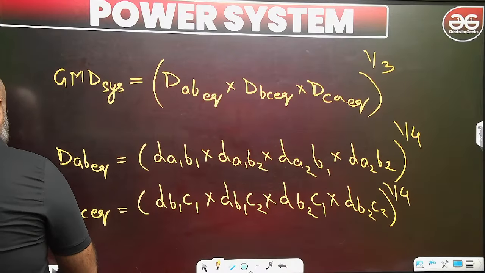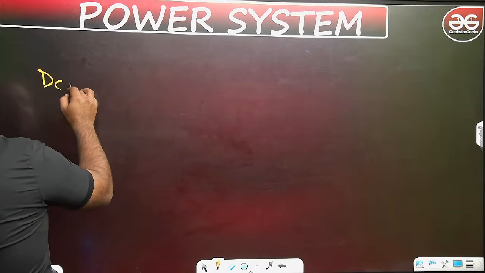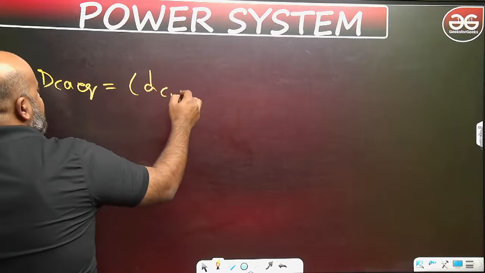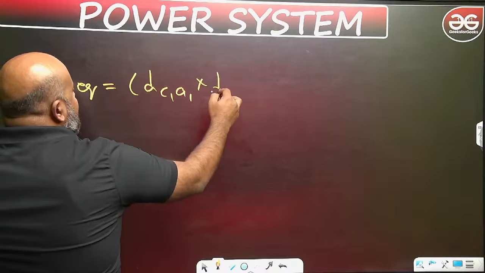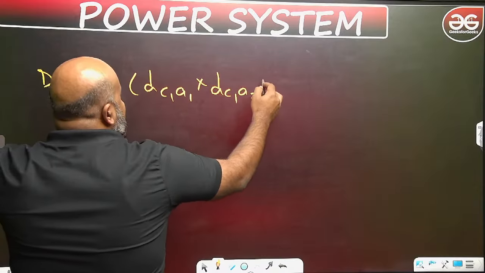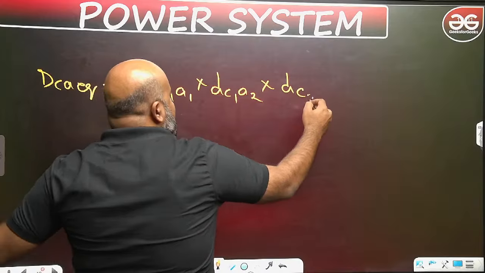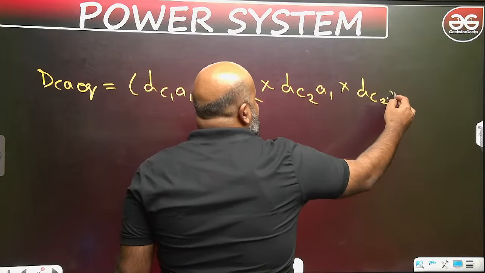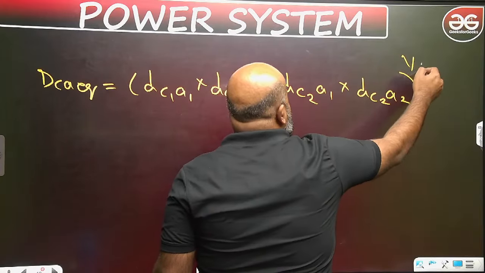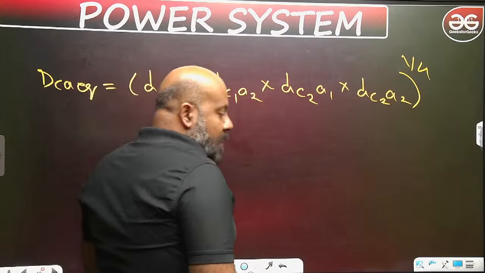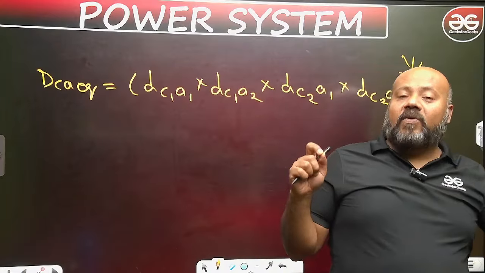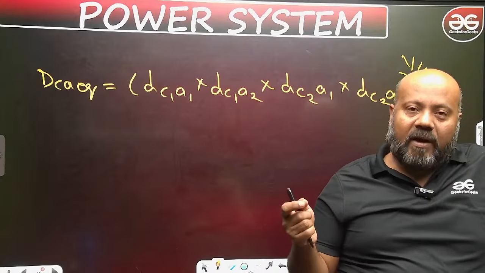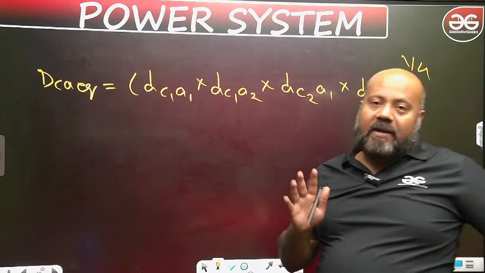Similarly, you can write DCA equivalent: distance between C1A1, C1A2, C2A1, C2A2. How many distances? 4. What is the power? 1 by 4. So you have calculated DAB equivalent, DBC equivalent, DCA equivalent. Just use that formula and you can find the GMD.